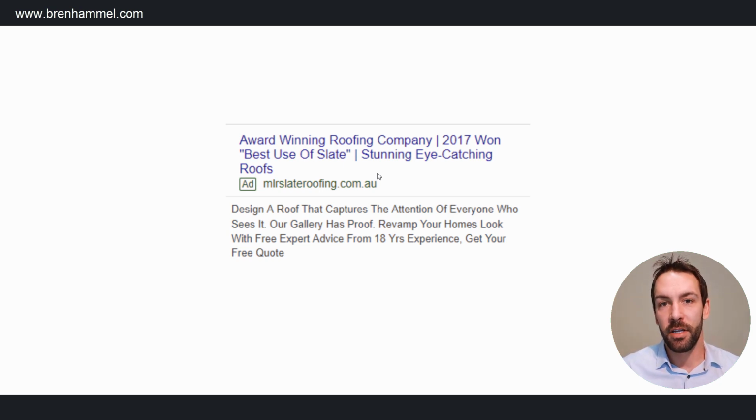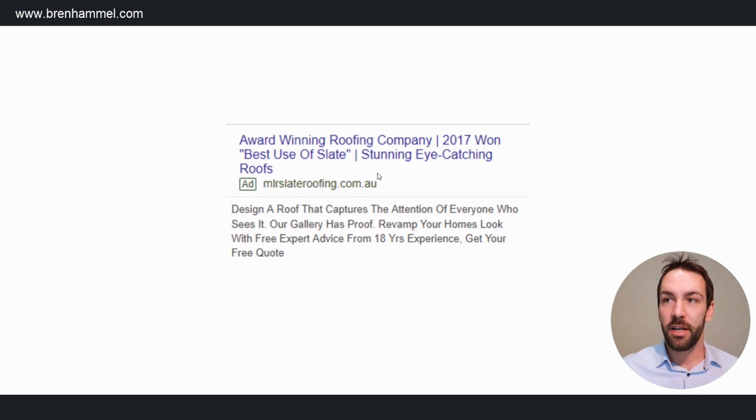Now, slate is not a cheap roof by any means, so not only does it serve a practical purpose, but there's definitely a huge aesthetic, ego, status, attention-seeking element to purchasing a slate roof. There's definitely a trying to fill that emotional need of improving the aesthetic appeal of one's home, so to speak.